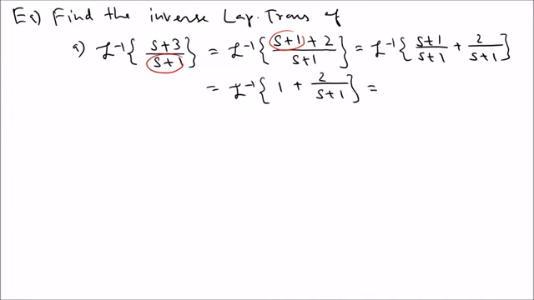We know that 1 means the delta function, delta t, and 2 over (s plus 1) means e^(-t), because a equals 1 in this case, so 2e^(-t). So that's what you get.